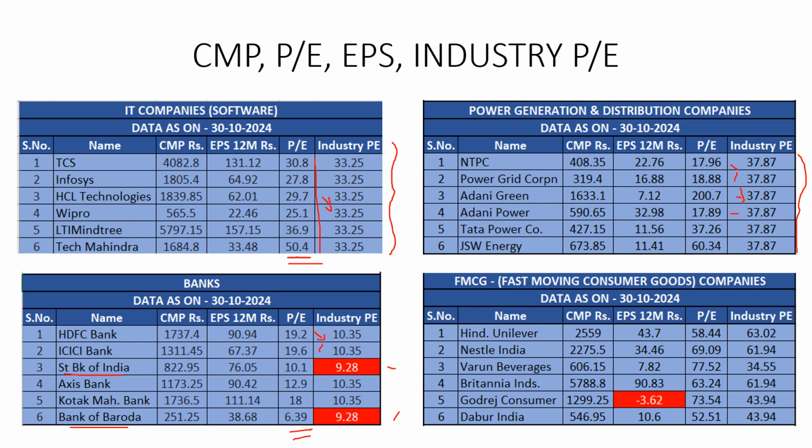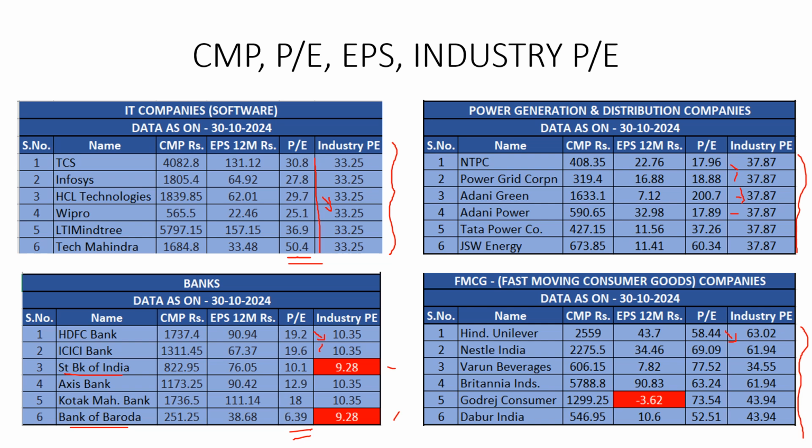And the same way, the fourth one, which is FMCG companies, you can see the industry PE here and the company's individual PE and compare it with the industry PE and then see how it is placed when we compare it with the industry average, right?